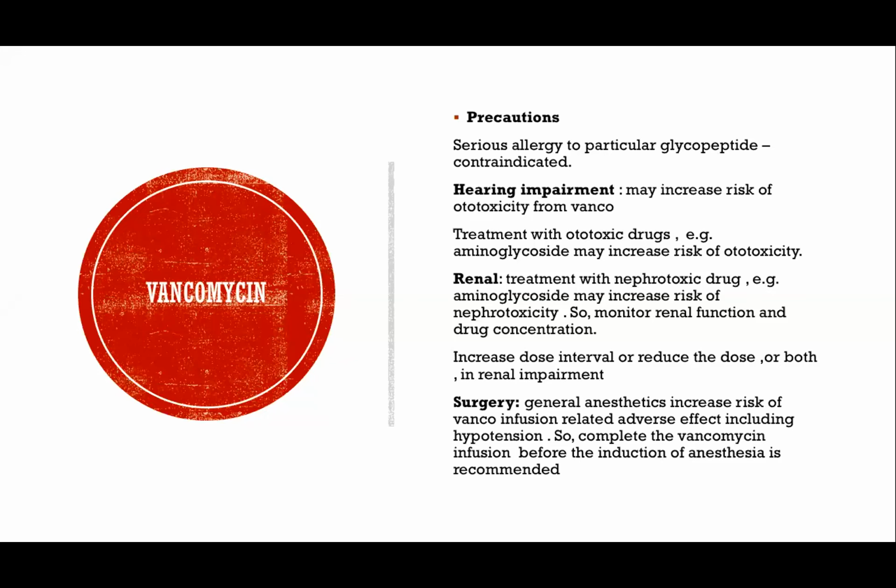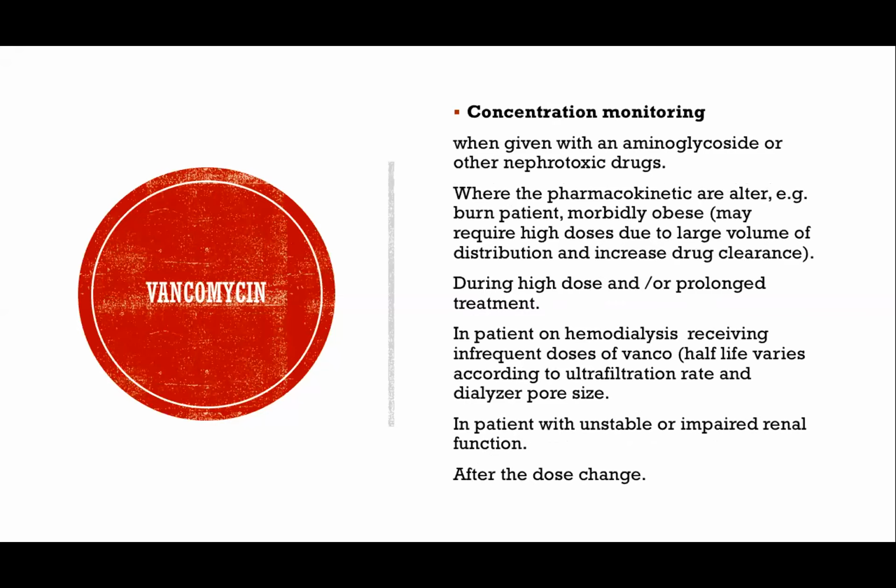Concentration monitoring is needed when given with an aminoglycoside or other nephrotoxic drugs, and where the pharmacokinetics are altered, for example in burn patients or the morbidly obese, who may require high doses due to a large volume of distribution.